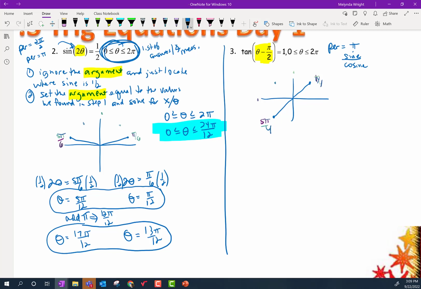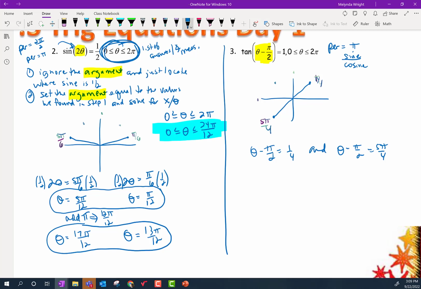Okay, so theta minus pi over 2 equals pi over 4. And theta minus pi over 2 equals 5 pi over 4. Yay, fractions, right? You're probably like, no, please.